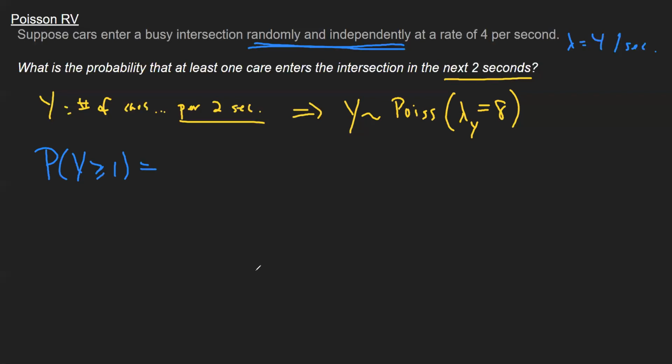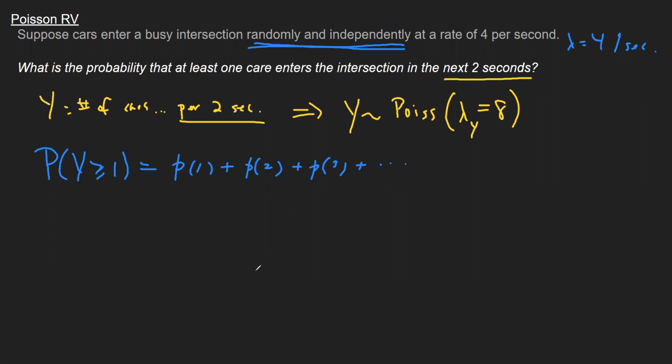So this means it could be 1, or let's write it to be consistent with the previous example, it could be 1, or it could be 2, or it could be 3. And for the Poisson random variable, there is no upper limit. So I could do this forever, which is not going to happen.